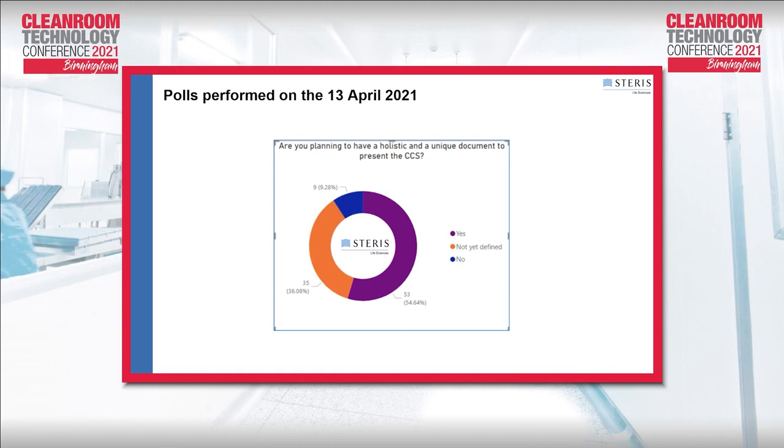And we do have 55% who say yes, 36% who say not yet defined, and 9.28% who say no. Again, I think it's important to have a process and also have one document that lists, for example, a policy on how to design your CCS, and then a document that relates or references all the documents related to the CCS, where they can be found, how they can be analyzed, and how we can evaluate that what has been put in place is working.